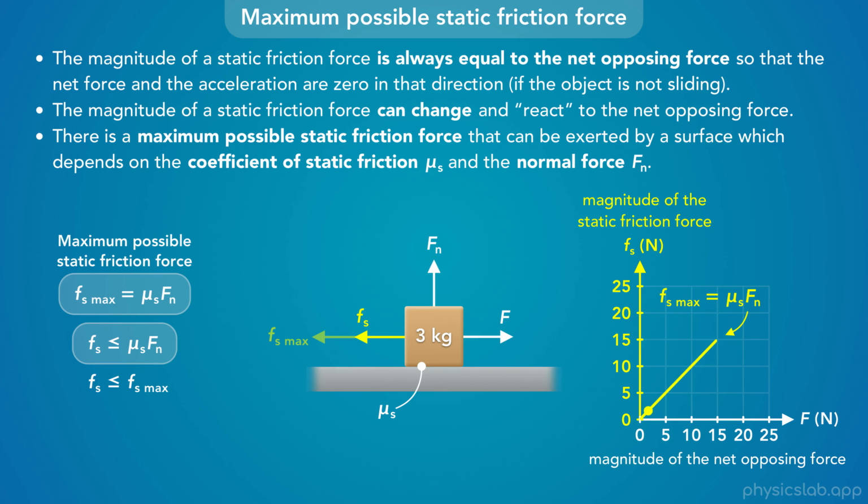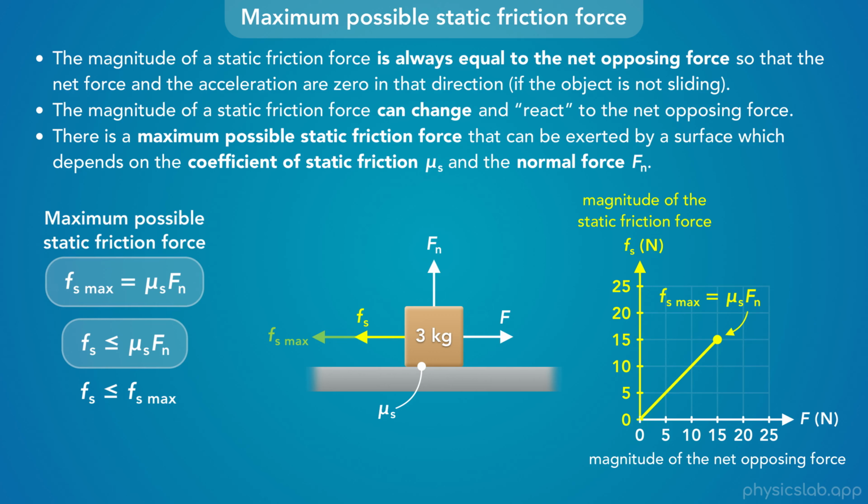The value can change depending on the net opposing force, and it's always less than or equal to the maximum possible value. But remember, we do not use this equation to calculate the actual value of the static friction force. This equation gives us the maximum possible value, and the actual static friction is only equal to the maximum value when the net opposing force also happens to be equal to this maximum value.